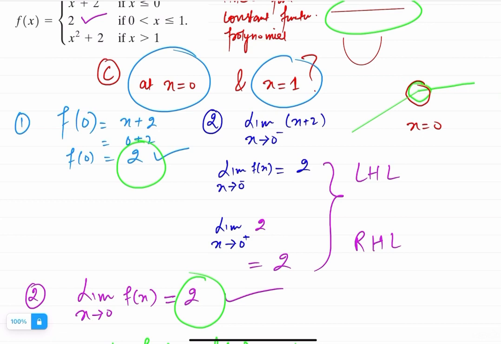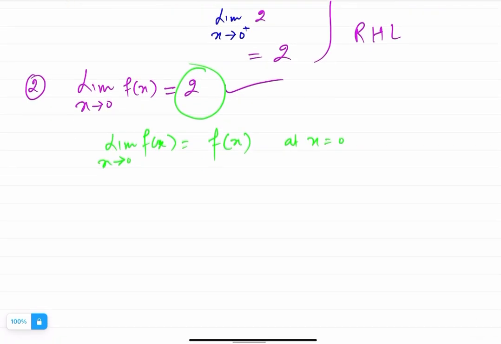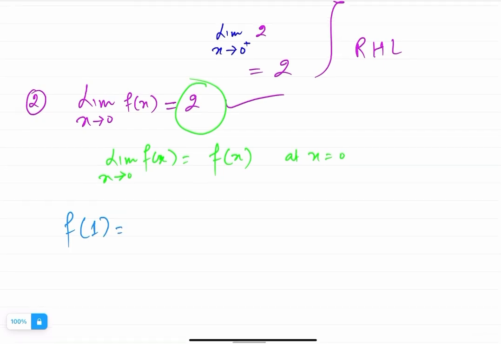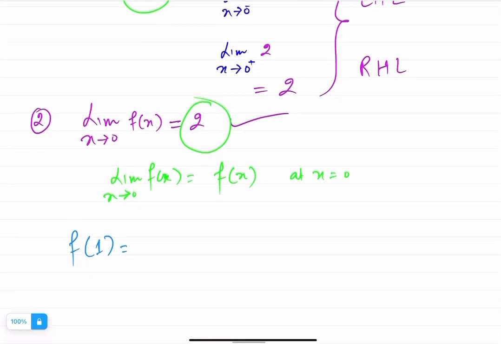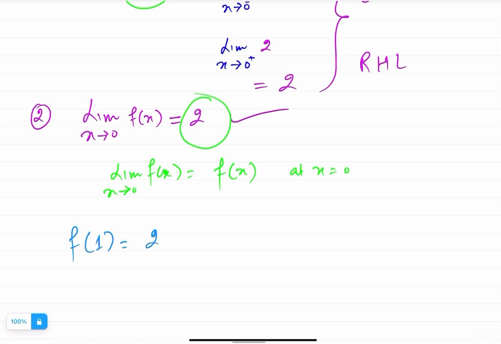First, we will see if the function is defined for x equal to 1. Is the function defined for x equal to 1? Of course, we can see that for x equal to 1, we will have to take the second piece, whose value is equal to 2.